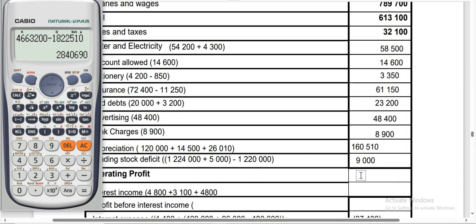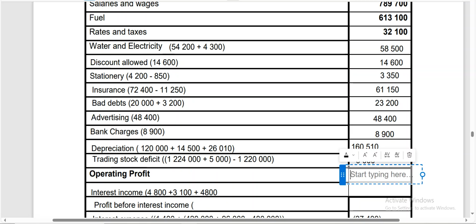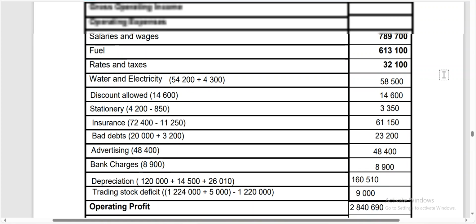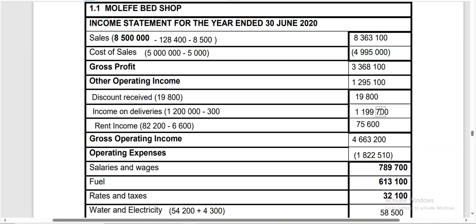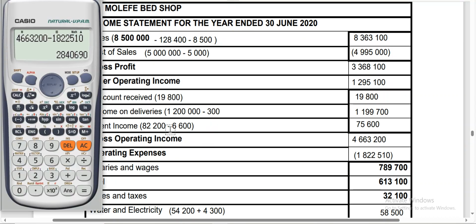So let's see. 2,840,690. So I'll just put it here. Okay, I think we need to just check if everything here is fine. Because if everything is wrong there, we're going to have a problem.